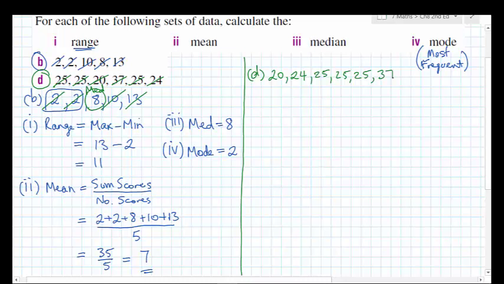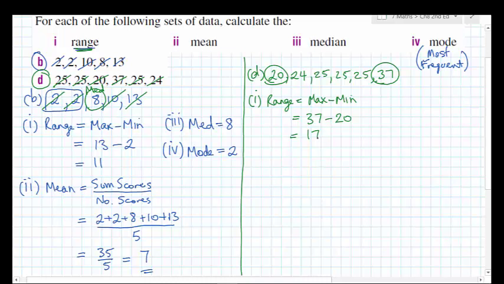Now I need to work out my range. My range is equal to my maximum number take my minimum number. My maximum here is 37. I take my minimum, which is 20, and so my range is 17.